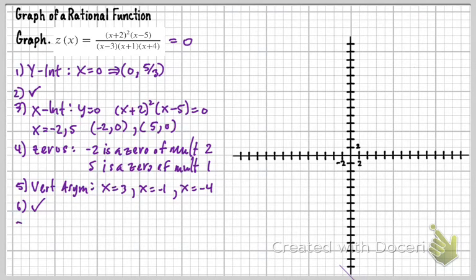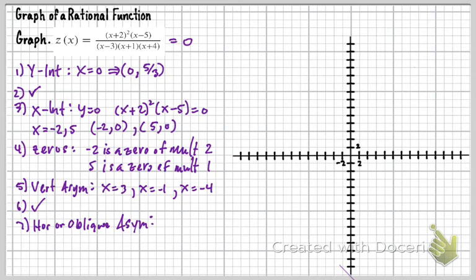So now for step 7, we have to find the asymptotes. The horizontal or oblique asymptotes. So I'll write this. Horizontal or oblique asymptotes.